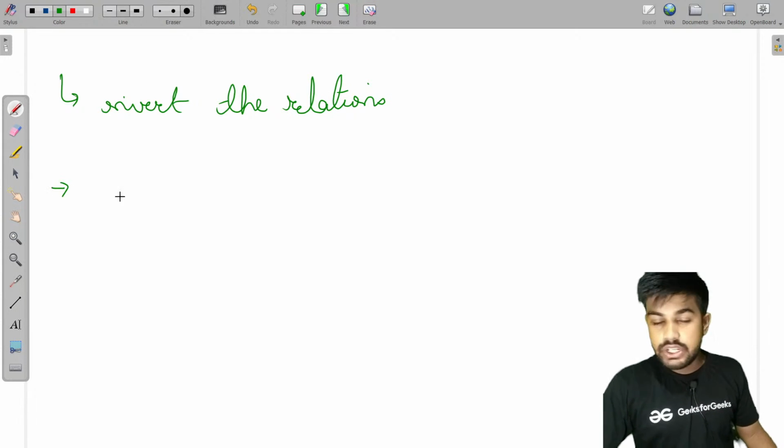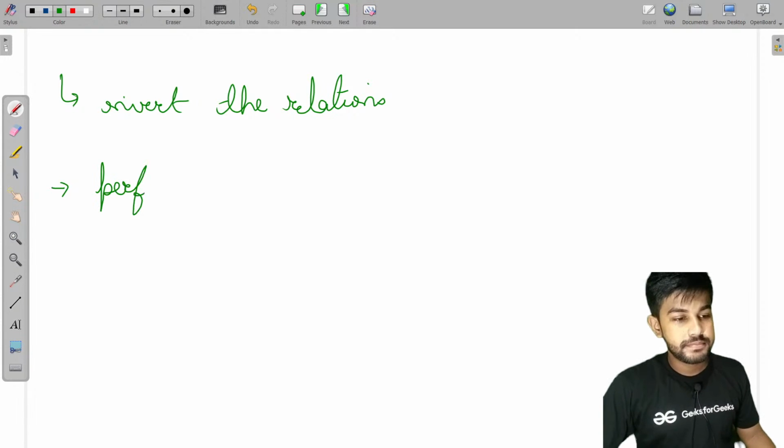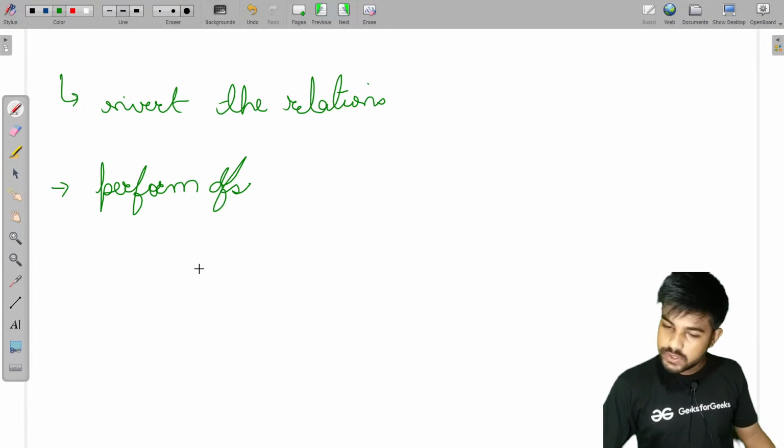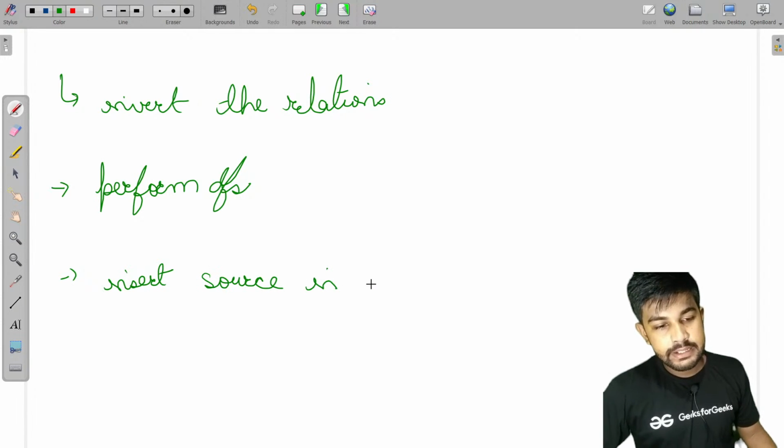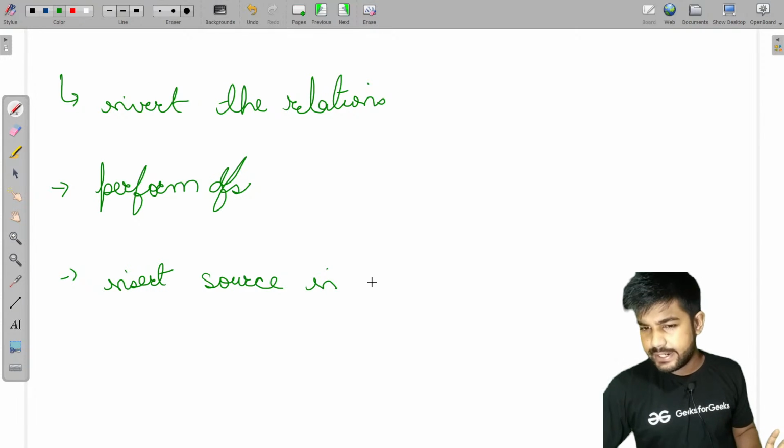The next thing we need to do is perform DFS. And then the third thing is insert source in whatever data structure.